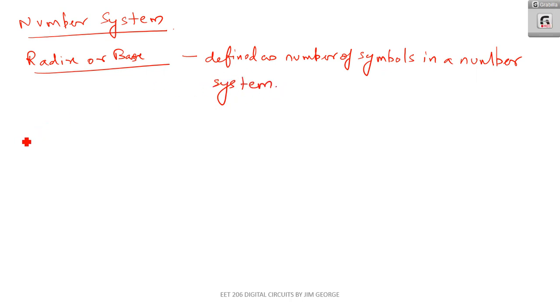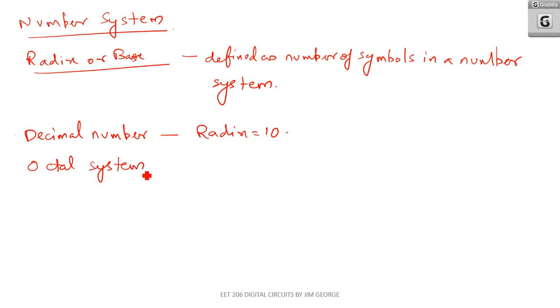Now let me explain about decimal number system. In decimal number system, radix is 10. In octal number system, radix is 8.